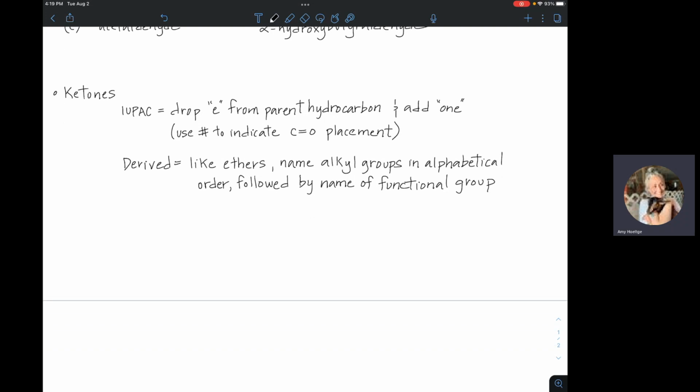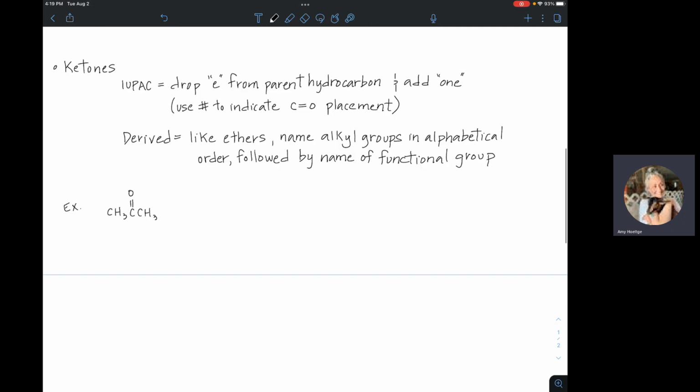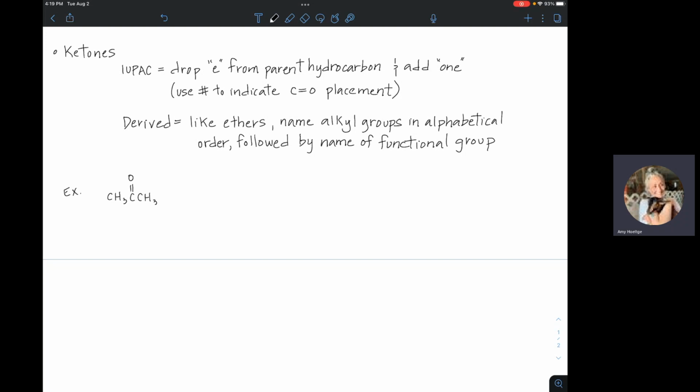So, for example, here's one I'll show you where there is a common name for this. It's small enough and quite common, such that we actually do have a common name. It is pretty rare that you will find a common name on a ketone. IUPAC and derived is usually where it's at.